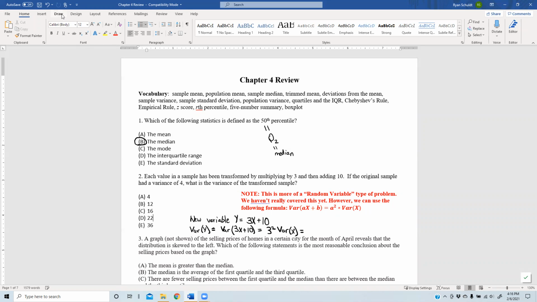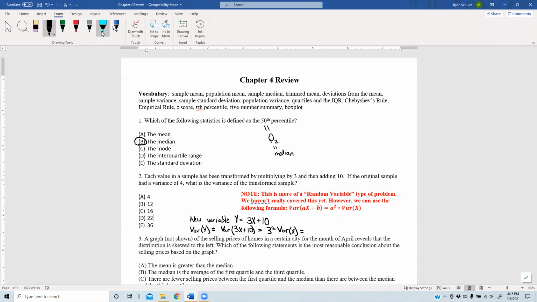Well, what is the variance of x? What did they tell us? It had a variance of 4. So 3 squared is 9, times 4 gives you 36. So even though we haven't covered it, the answer is E.